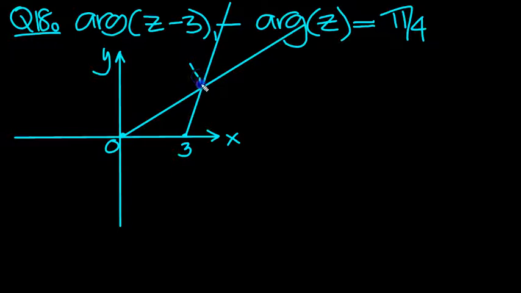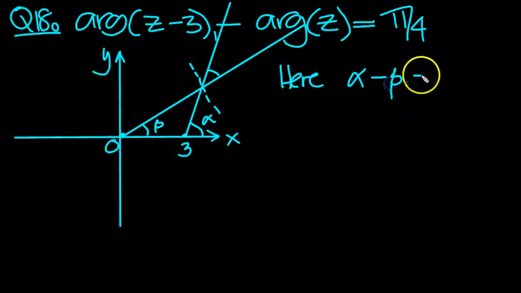So if I drop a perpendicular here, this angle here. So basically the angle arg of z minus 3, which is here, that angle which we'll call alpha, and the arg of z minus 0 which we'll call beta. So here, alpha minus beta equals pi over 4. So if you think about, this is 90.